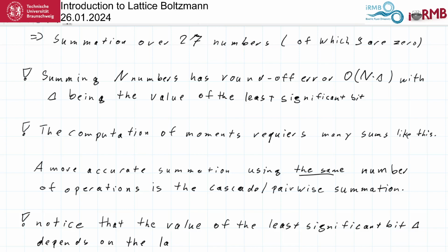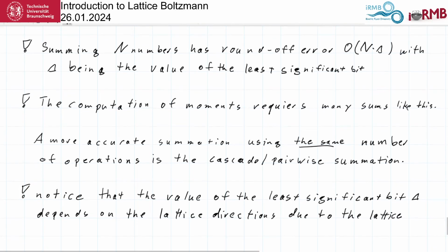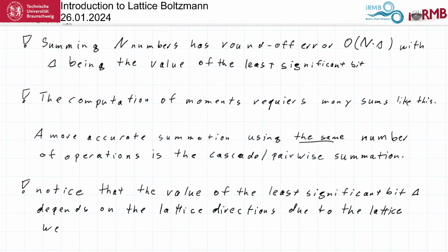This is one of the important things that we have to know when we do the sum. I just said summation is the cause of round-off errors, in particular if you sum things that are of different size.